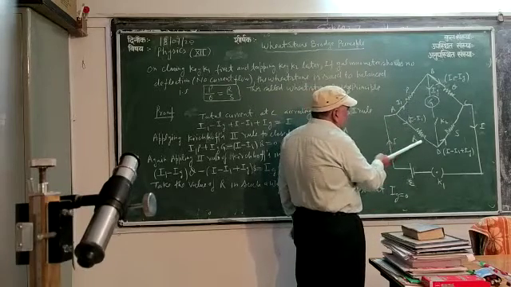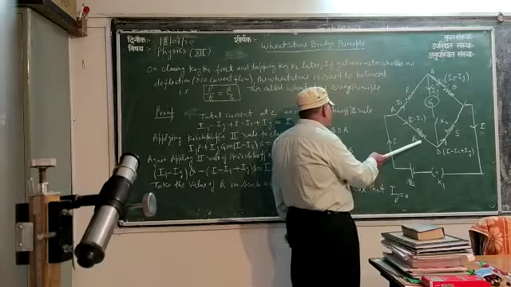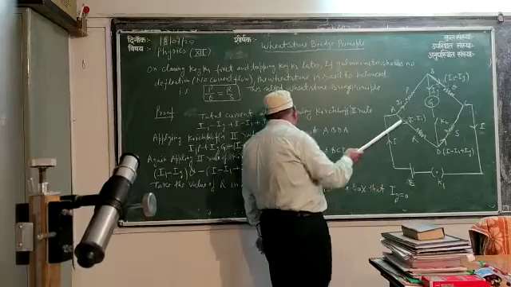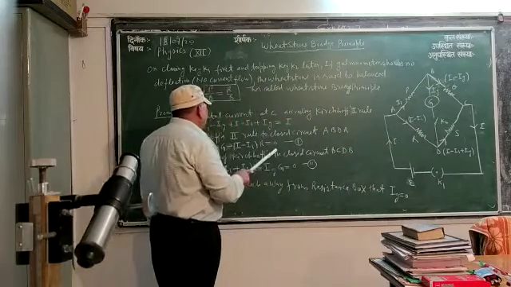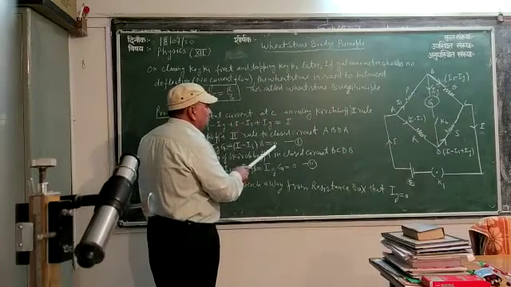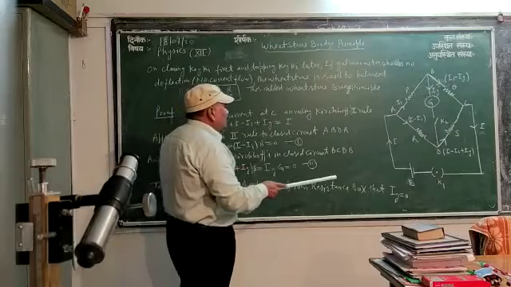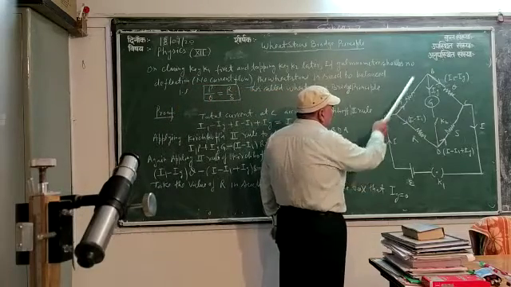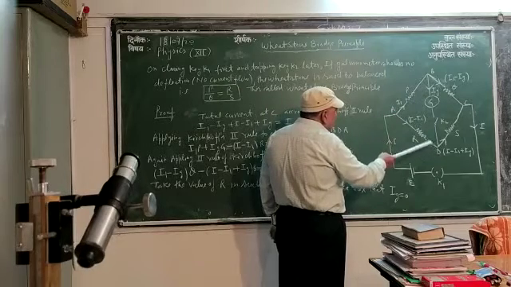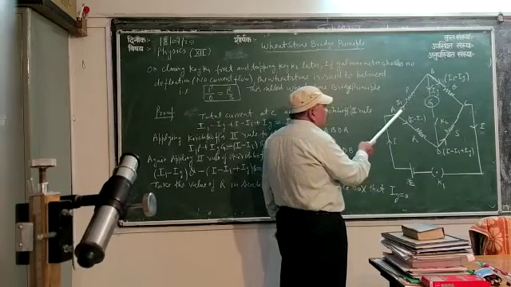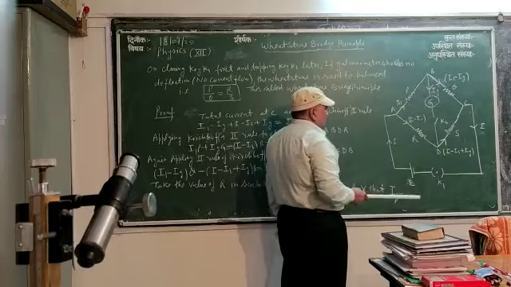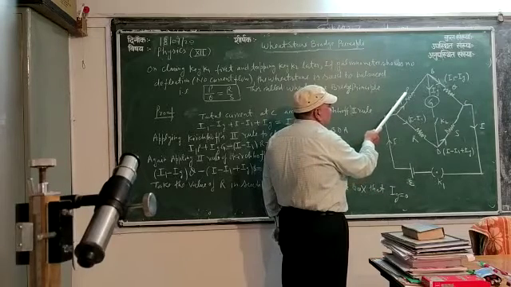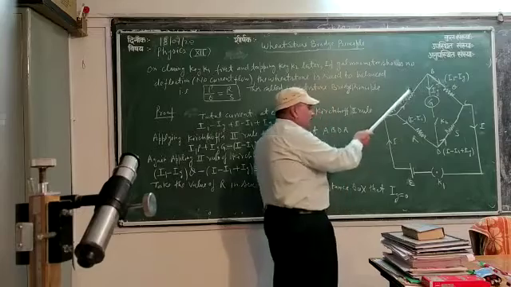No battery or cell is connected here, so the net EMF is 0. Now we traverse the loop from A to B, B to D and D to A. Here we are going in the direction of current, so the product of current and resistance will be taken as positive.